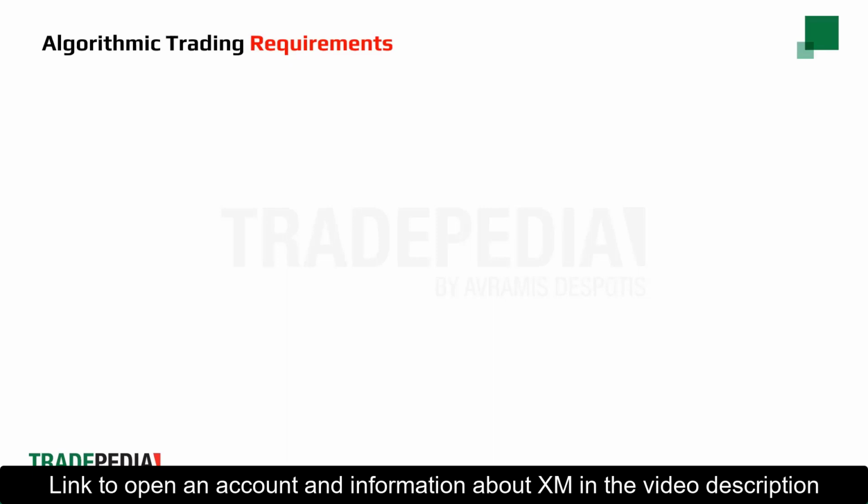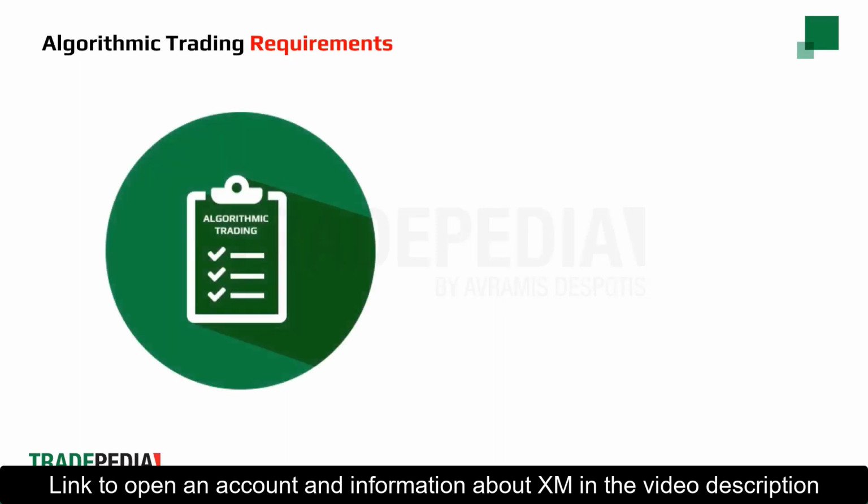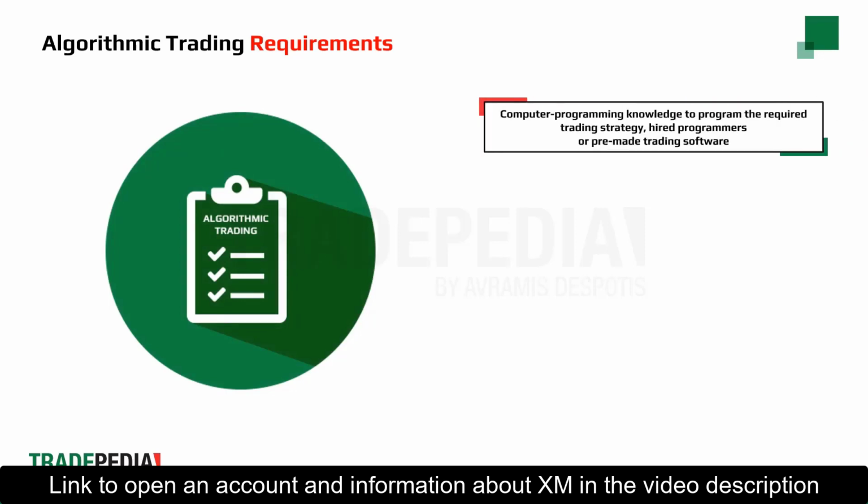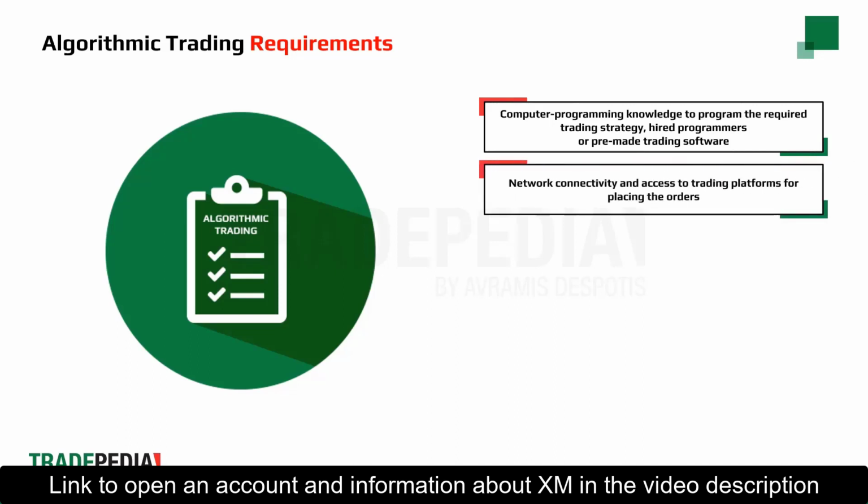Requirements for algorithmic trading. In order to implement an algorithmic trading strategy, the following technical requirements are needed. Computer programming knowledge to program the required trading strategy, hired programmers, or pre-made trading software. Network connectivity and access to trading platforms for placing the orders.